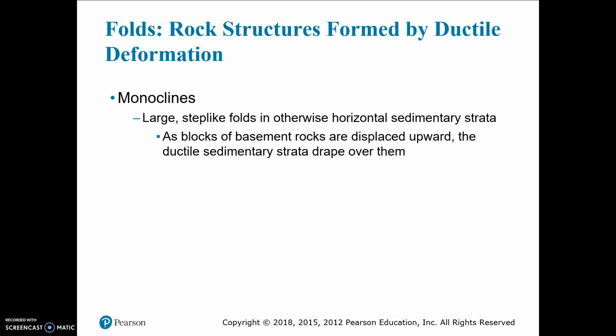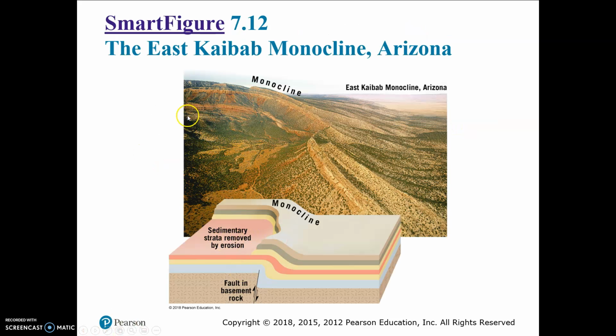Some other examples we can have is what we call a monocline, where we get some folds in an otherwise horizontal strata. So you can see how all of these layers are just running right on top of one another, right? They're these pretty symmetrical lines. And then all of a sudden we get this large little dip that happens. The strata are still symmetrical to one another.